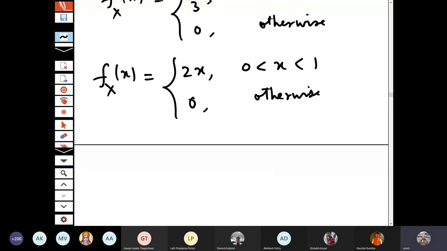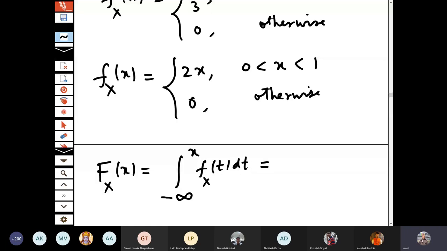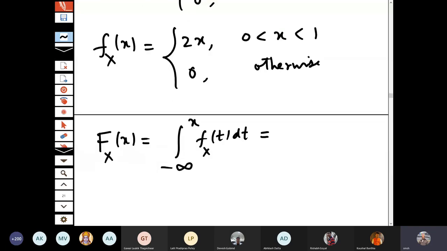So again, if you look at the integral from minus infinity to x of f(t) dt, then between minus infinity to 0, the density is 0. So this will remain 0 for x less than 0, or we can put less than or equal to 0 also. It will not make any difference.